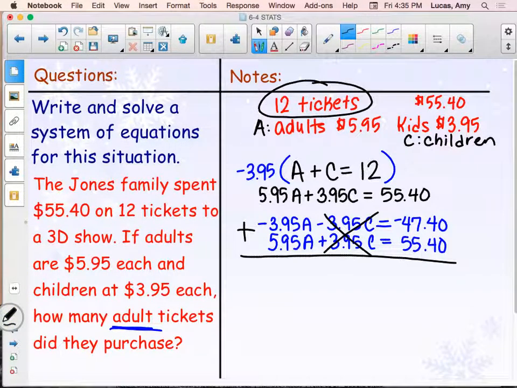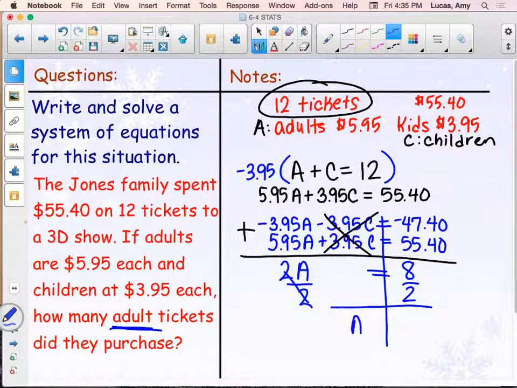The children have canceled out. So negative 3.95 plus positive 5.95 is 2. 2a equals, and negative 47.40 plus 55.40 is 8. So if I divide by 2, my adult tickets, I've got 4. So 4 adult tickets. Then I can go back to this original equation and plug in 4 for adults.